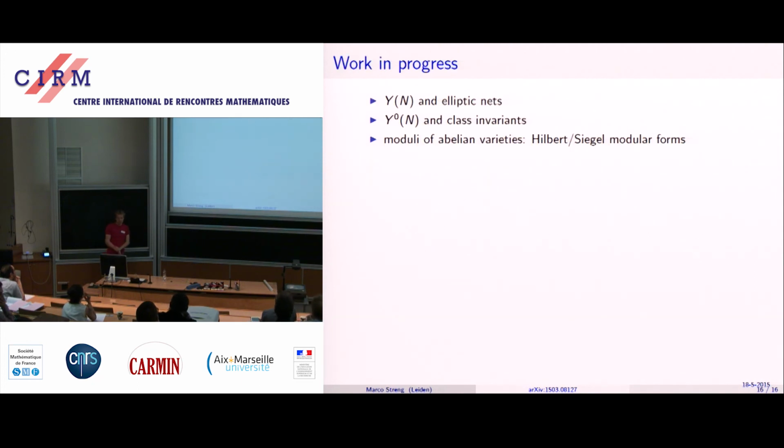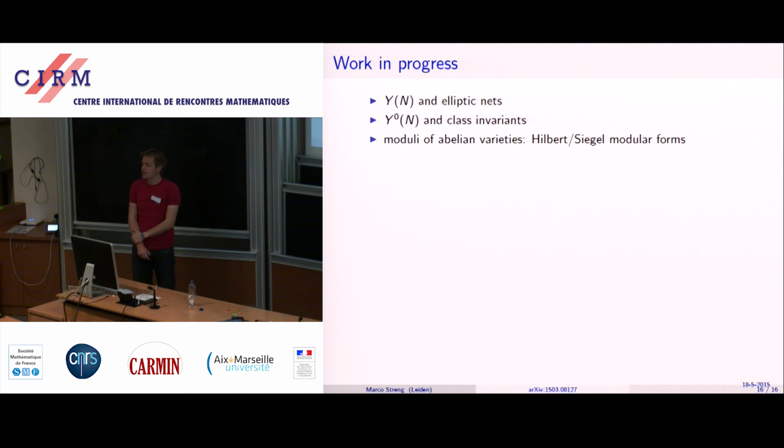Now I'm working on Y(n), Y0(n), and well, more or less, I'm going to go past these 3 things in order, or maybe just stop after the first. But I'm now working on Y(n), using some generalization of these division polynomials.